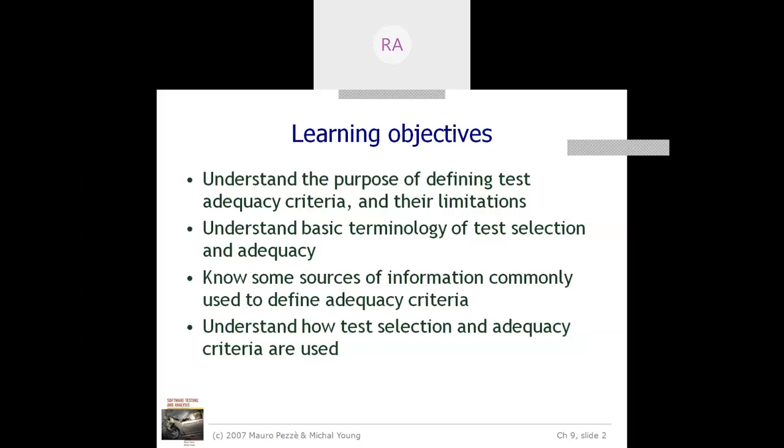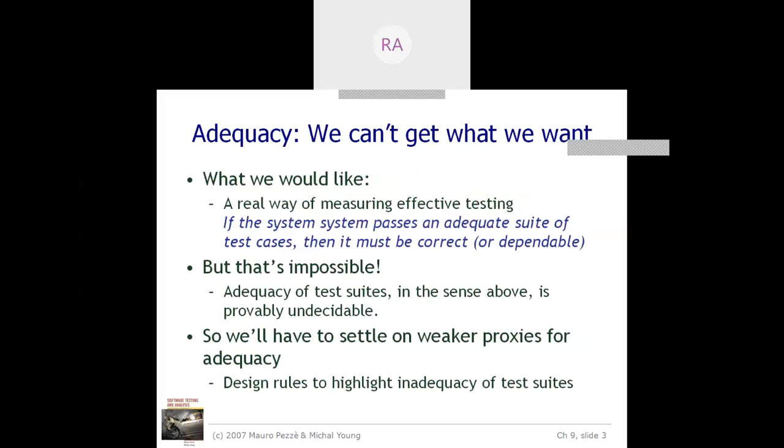In this unit we are also going to know about the sources of information which are basically used for defining the adequacy criteria. And we are going to study the relationship between test selection as well as adequacy criteria in testing the software. These are the learning objectives for the section that we are going to discuss further.